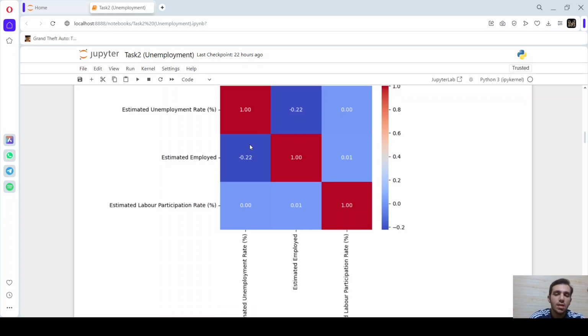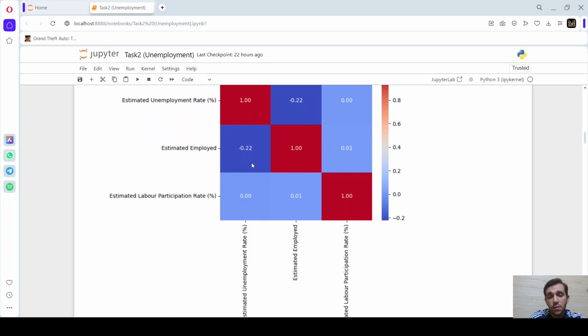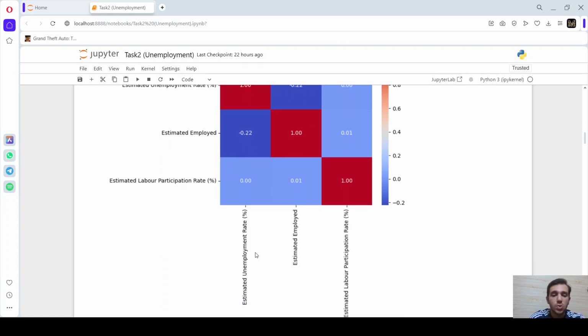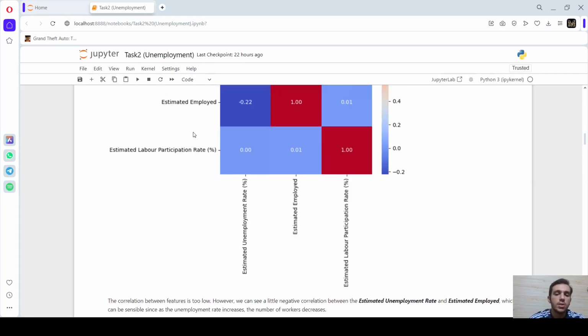But we can see that although the correlation is weak, like 0.22, it's still enough for us to say that, for example, the unemployment rate and the estimated employed are negatively correlated. And this makes sense because as the number of employed people increases, the unemployment rate is going to decrease.